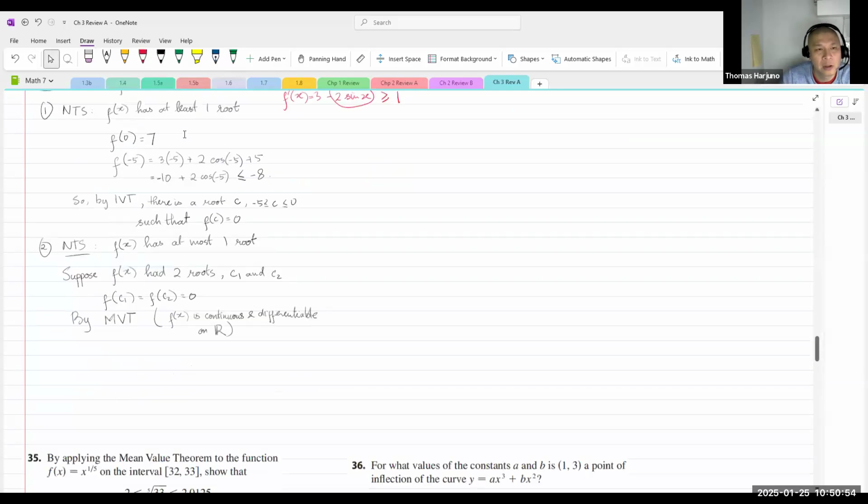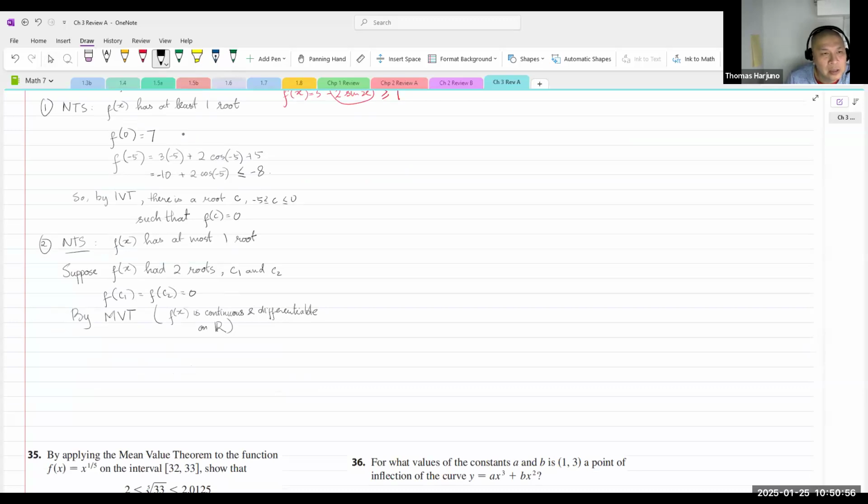So by the mean value theorem, there is C3, call that C3, between C1 and C2.